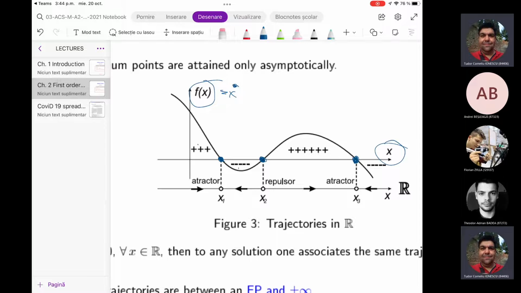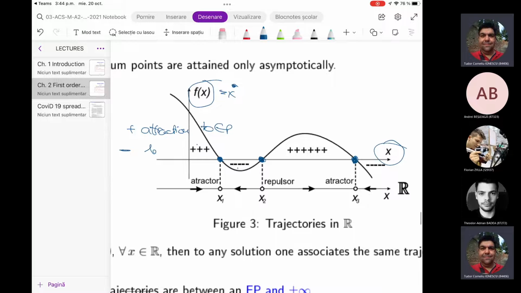Then this is a repulsor, because negative means the trajectories are going away from the equilibrium point. So positive means attraction to the equilibrium point, and negative means leaving or fleeing. I like to say fleeing the equilibrium point. It goes away from the equilibrium point.